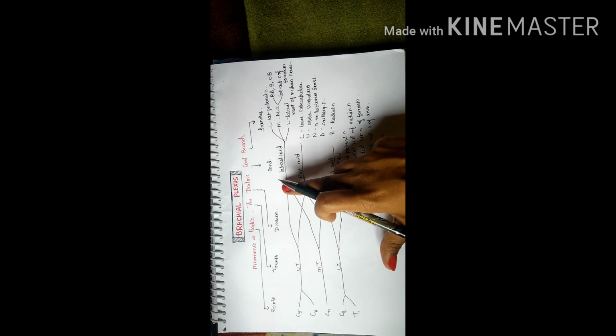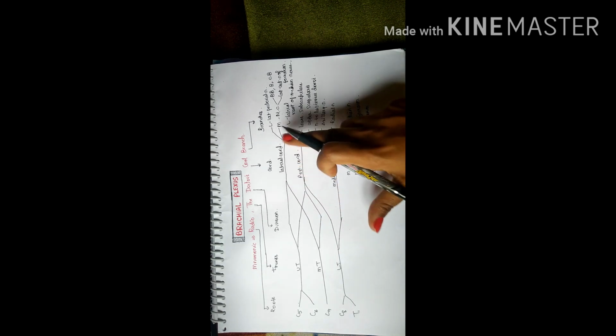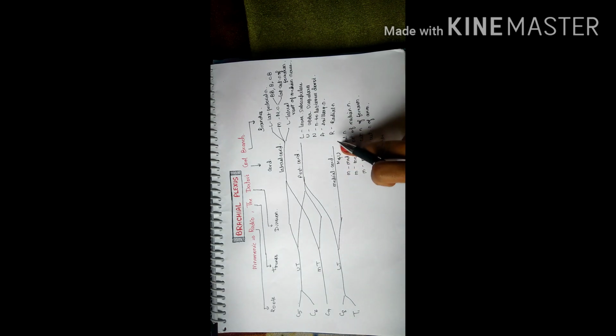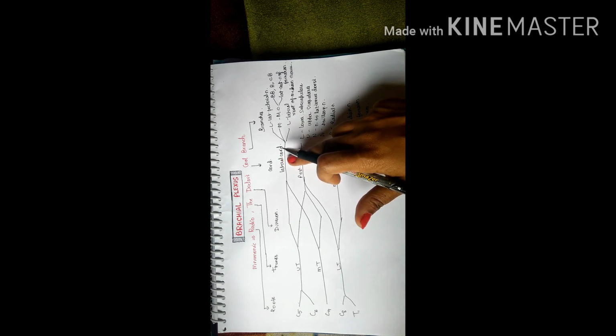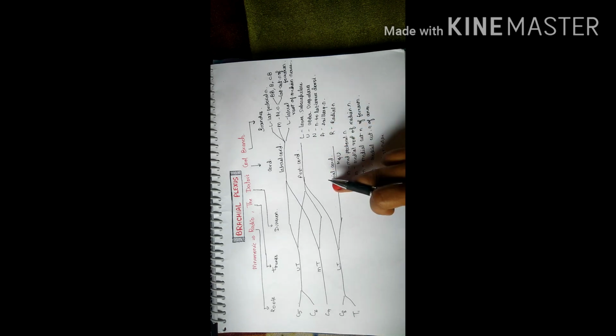The anterior divisions of the upper and the middle trunk join to form the lateral cord, and the anterior division of the lower trunk forms the medial cord. And we learned the branches of the lateral cord are L, M and L, the posterior cord is LUNAR, and the medial cord is M for U.